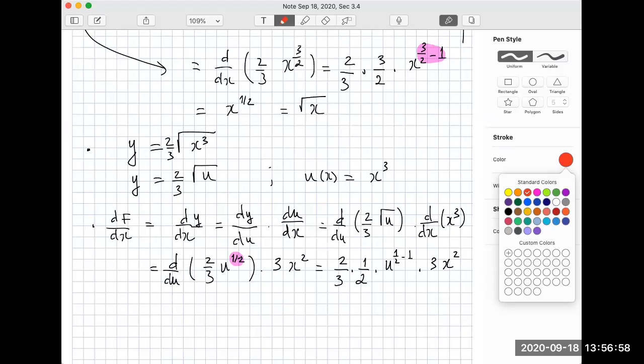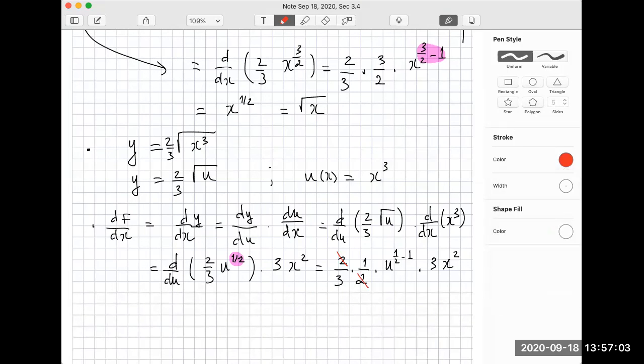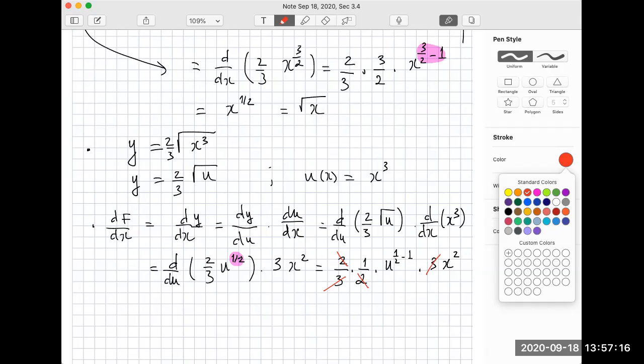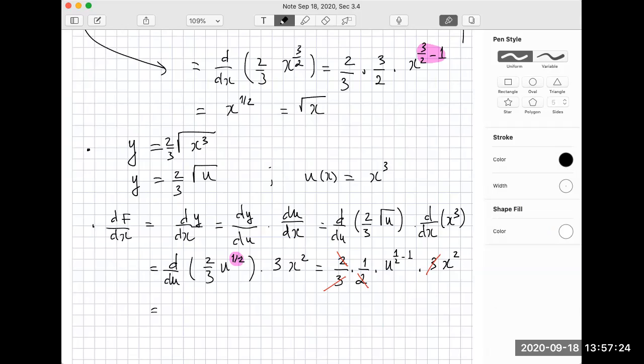The product of these constants, the 2 here will cancel with 2 here, 3 here will cancel with 3 in the denominator here. So the constants cancel each other. Okay, and u to the 1/2 minus 1 is, what is it, Andre? Perfect. It is u to the negative 1/2, right? 1/2 minus 1. Then here is x squared, we just rewrite it.